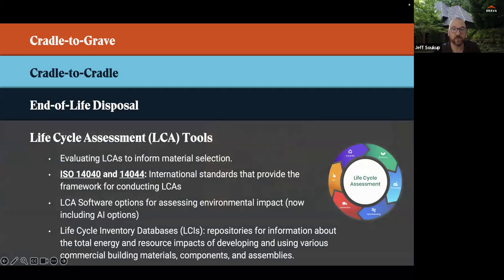Life cycle assessment tools, again, very helpful for us here. Evaluating LCAs is one of the best ways to inform your material selection. Again, we have our ISO standards to help us ensure that we're making an apples to apples comparison. There are plenty of life cycle analysis software out there for assessing the environmental impact. And then your life cycle inventory databases.